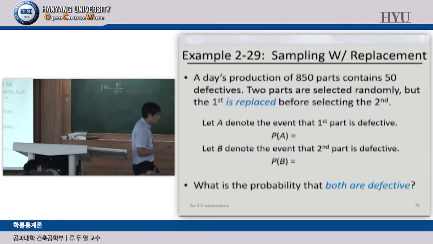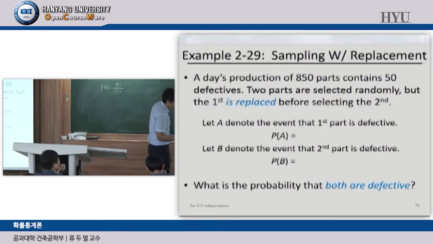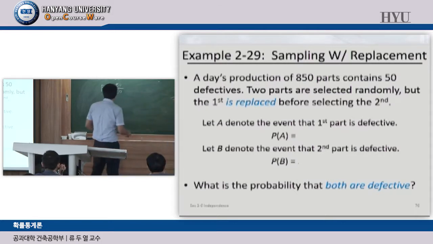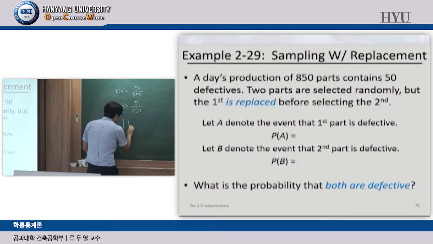So in this case, what is the probability that both are defective? Which means that the first part should be defective and the second part should be defective as well, right? So that is the question for this one. The probability that both are defective can be calculated by the probability of the intersection of A and B. Why?